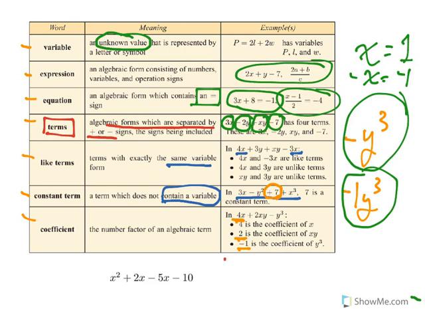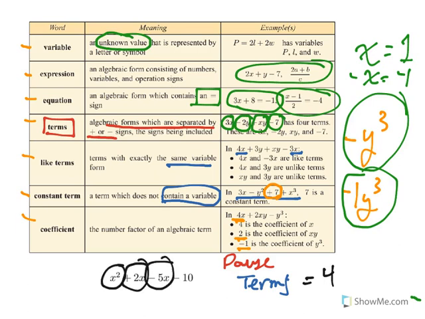All right, so let's have a look at this. I want you to pause the video, and I want you to write down the number of terms. Okay, hopefully you wrote 4. x squared plus 2x minus 5x minus 10. Now, what is the coefficient of x?